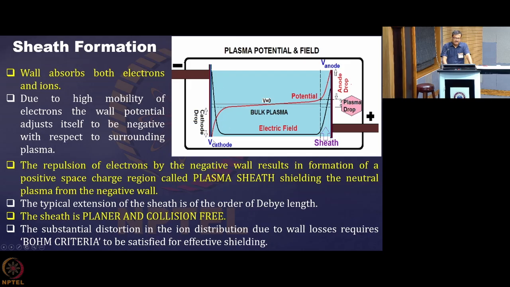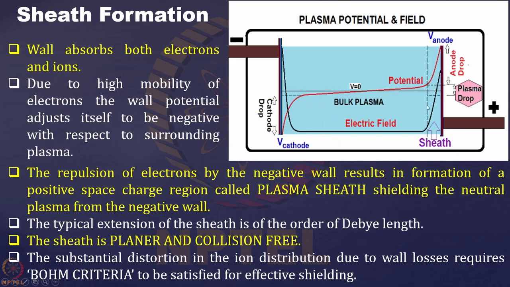One is this region where the potential is increasing towards the cathode, then it reaches the bulk plasma where the potential is near 0, and then it is dropping. So the net voltage drop in the plasma, whatever you are applying, is basically occurring in the region very close to the electrodes. This is called the anode drop and this is called the cathode drop.